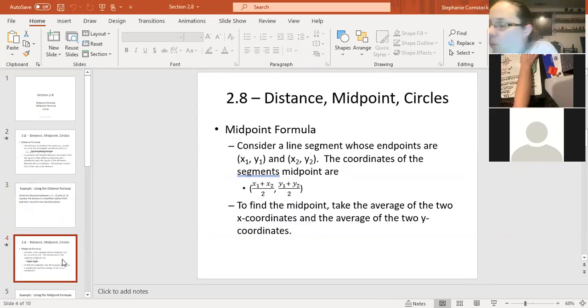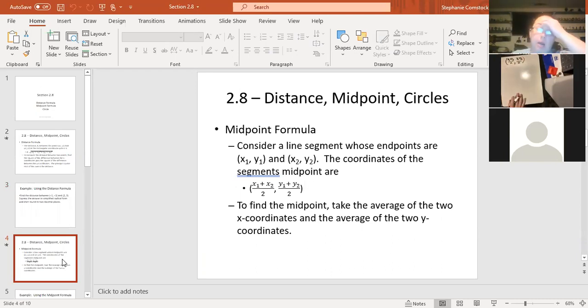Okay, and guys, midpoint is literally the halfway point between the two points that they give you. Okay, and so the way that you're going to do this is you're going to add your x's and divide by 2. So you're basically averaging the x's. And then you're going to also do the same thing with your y's. You're going to average your y's and do this.